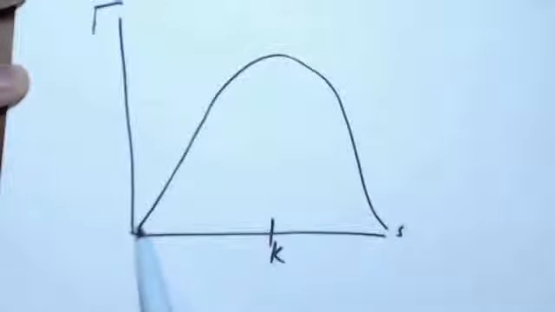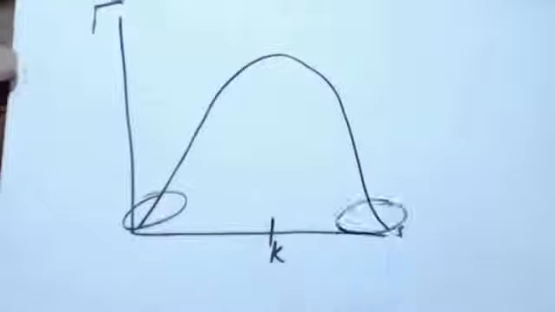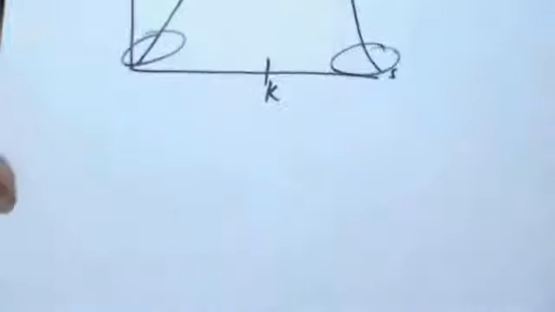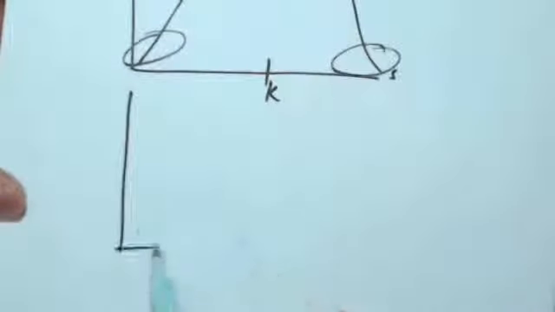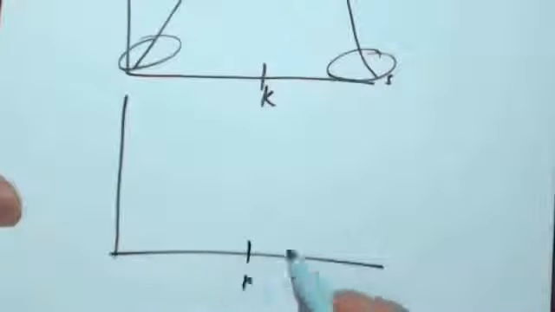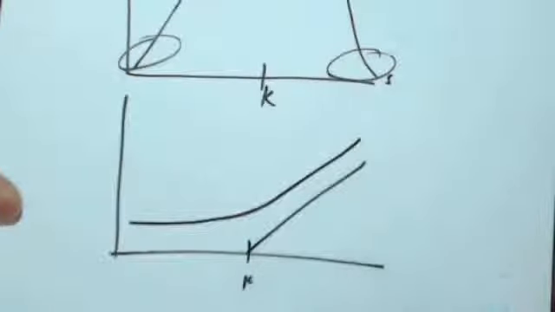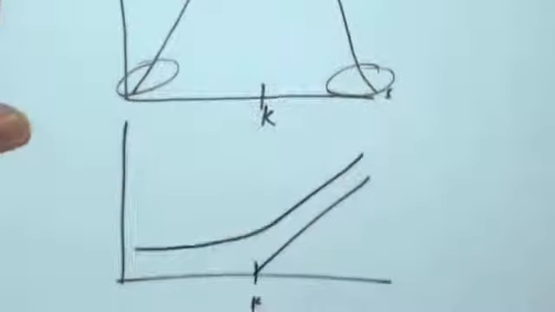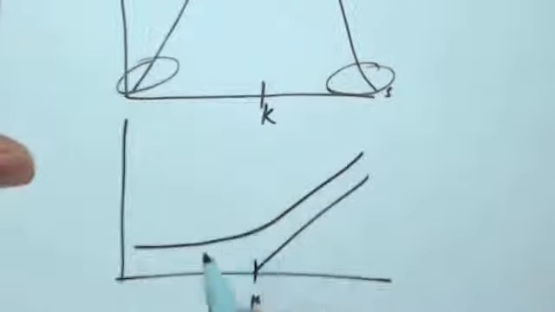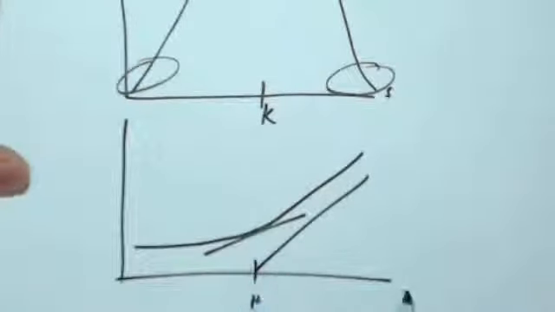Gamma is not very big when the option is deep in or out of the money. It's largest where the stock is at the money, because that's where the curvature lies, right when you're close to K.